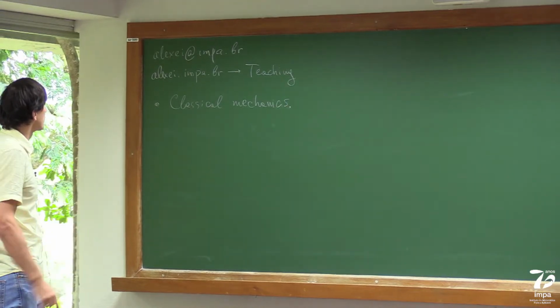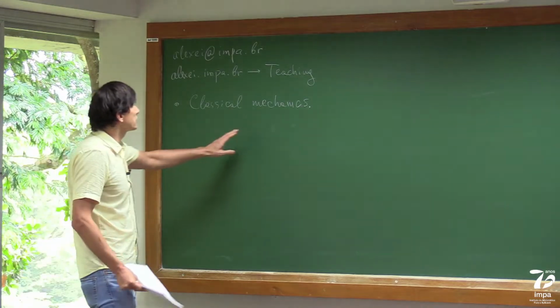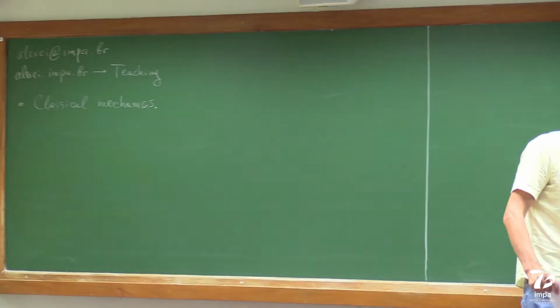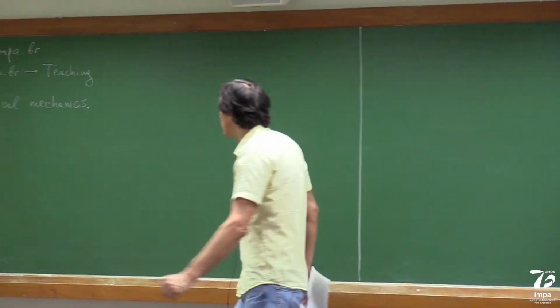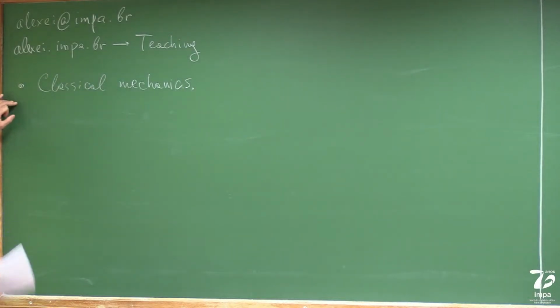Essentially, I'll try to give classical mechanics from the point of view not just of how it works, but why it has the form that it has. This probably will take 5-6 lectures.